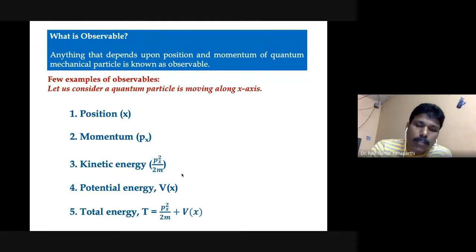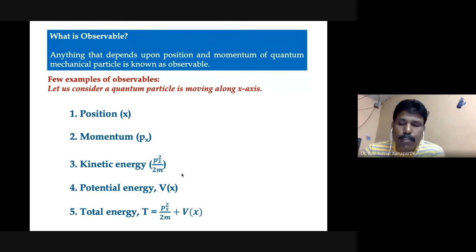I have given a few examples, but there can be many. You may be interested in rotational momentum, if you are interested in a system which is rotating around a fixed point, then it will have rotational velocity and also rotational momentum. Those can again be called observables.